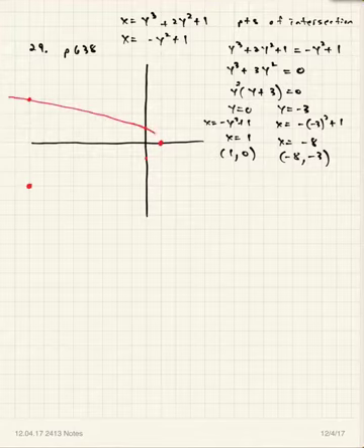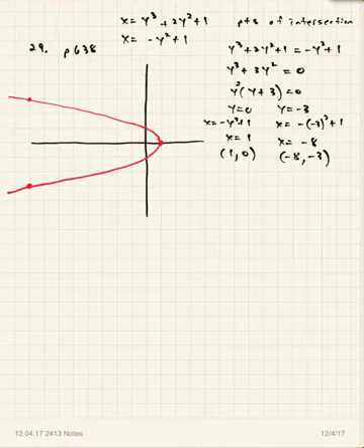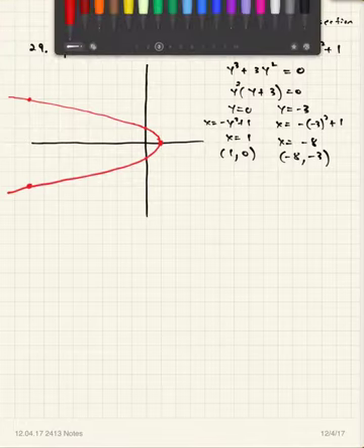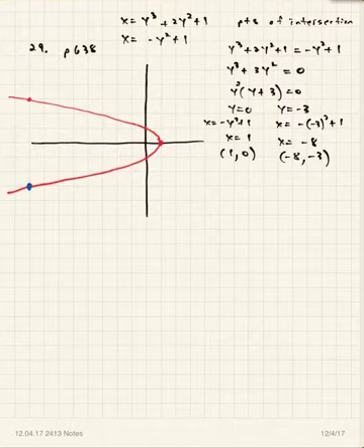So here's the parabola. And then we have this cubic function, x equals y cubed plus 2y squared plus 1. And remember, we've got points of intersection right here and right here. So we've got this cubic graph.